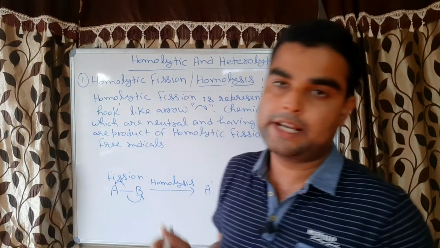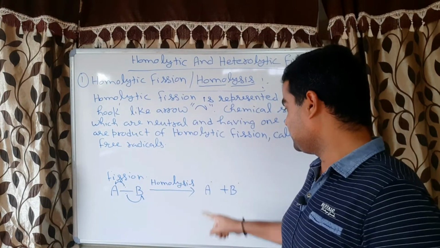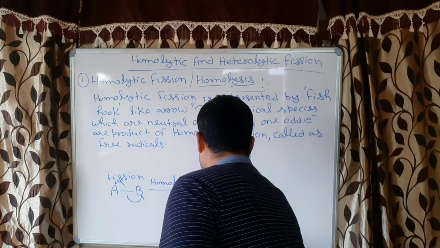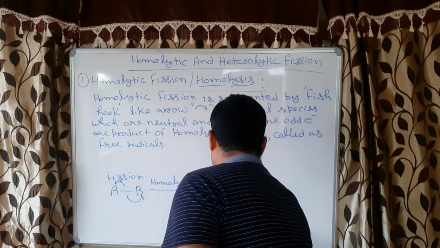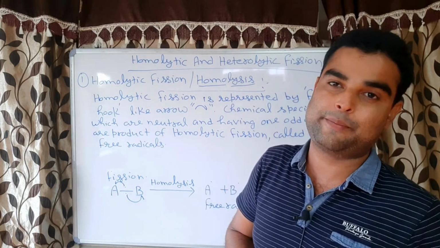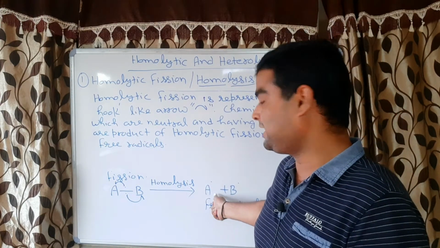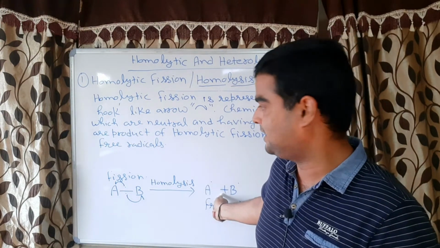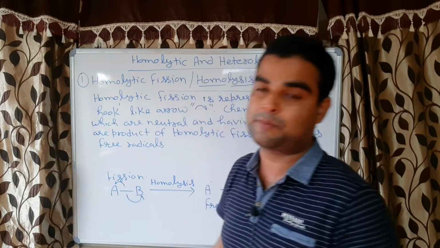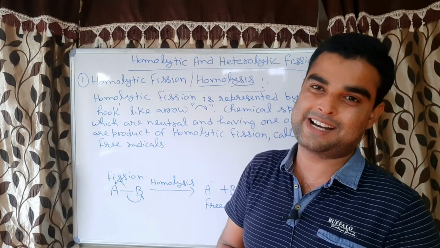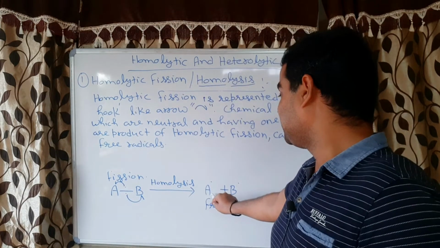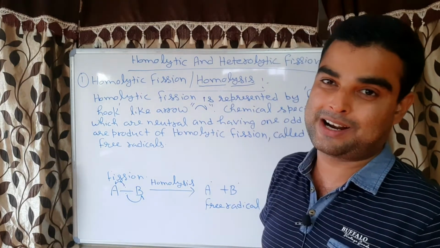Now one more thing here, you can see these are the free radicals. Free radicals means neutral chemical species. Since these are neutral chemical species, this covalent bond should be non-polar, correct? Because if it were polar, then these species could not be neutral, correct?